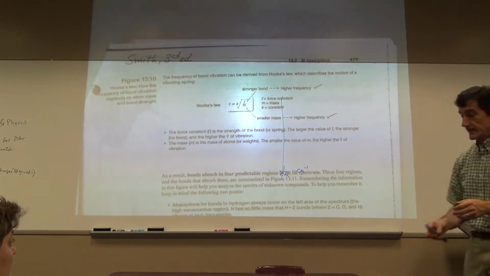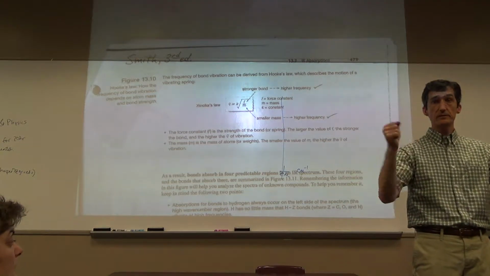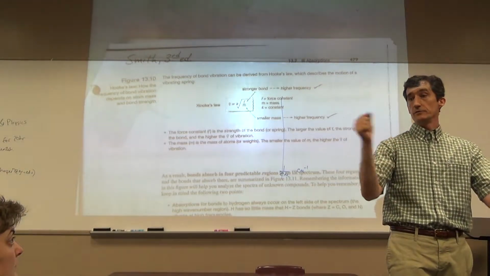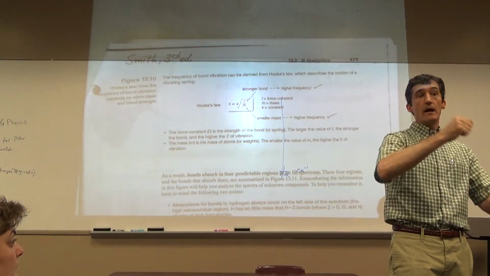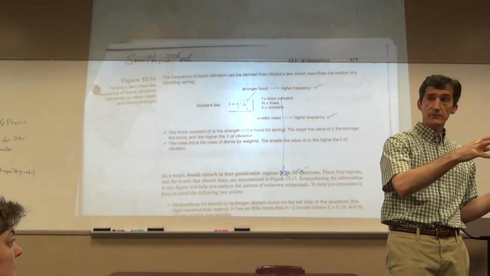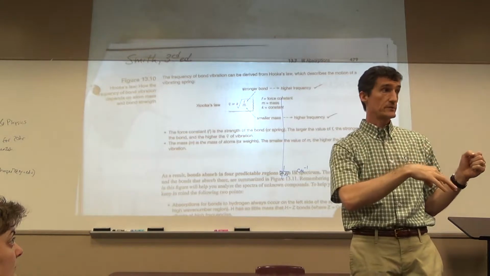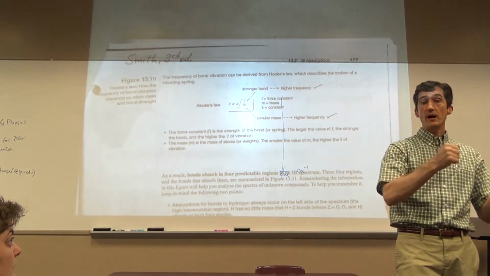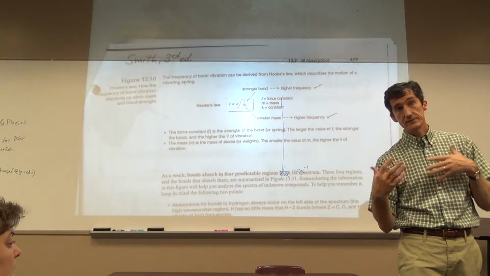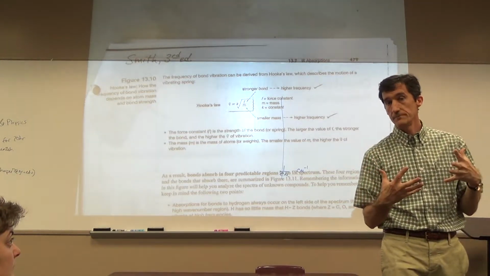Now it turns out that here's a bond minding its own business, walking down the street, part of a molecule, stretching at this frequency. If you shine electromagnetic radiation on it that matches that frequency, the bond will absorb the energy. You could get into the mechanics of how it really absorbs it.